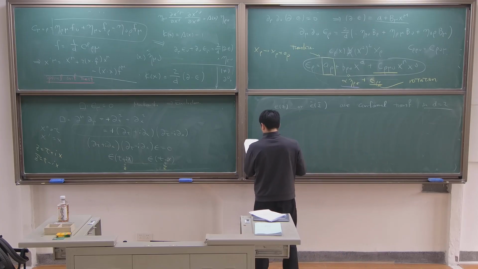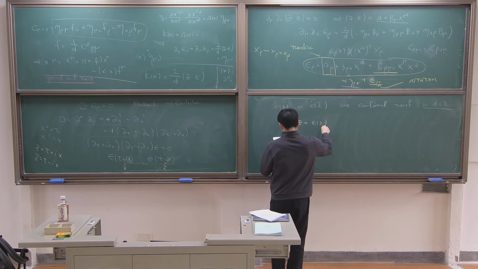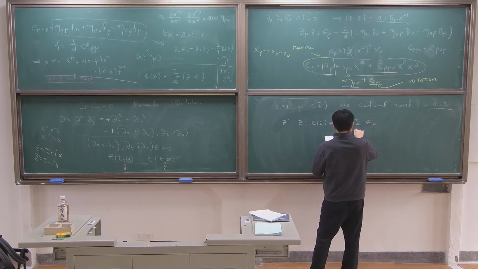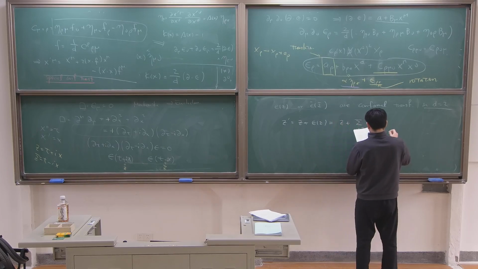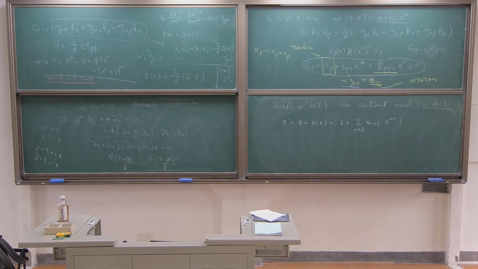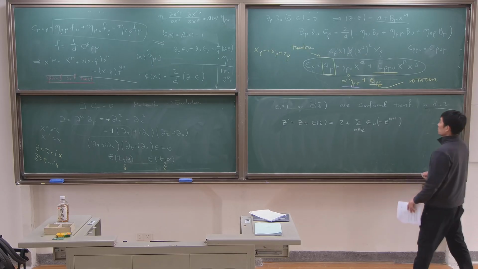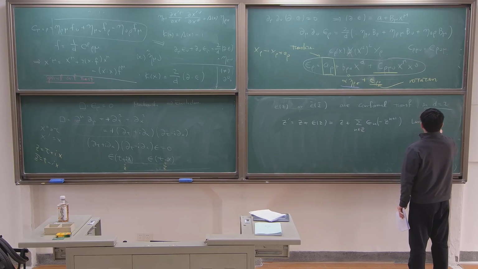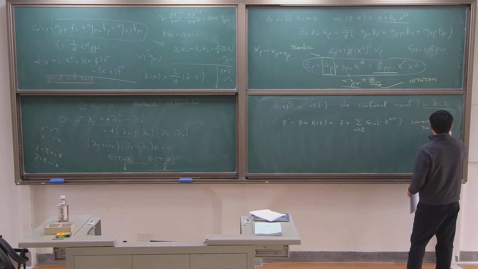If you consider z goes to z prime equals z plus epsilon of z, which is a holomorphic transformation, z plus the sum of epsilon n z to the n plus 1, it's just a Laurent expansion around z equal to 0.